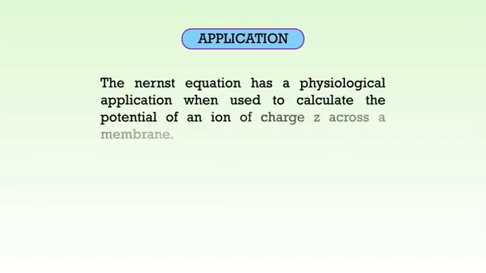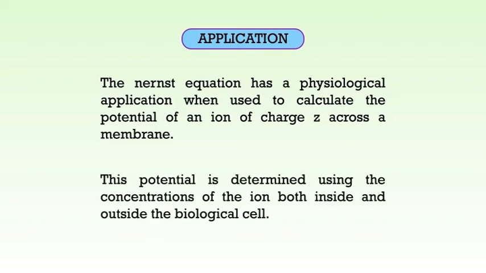The Nernst equation has a physiological application when used to calculate the potential of an ion of charge Z across a membrane. This potential is determined using the concentrations of the ion both inside and outside the biological cell.